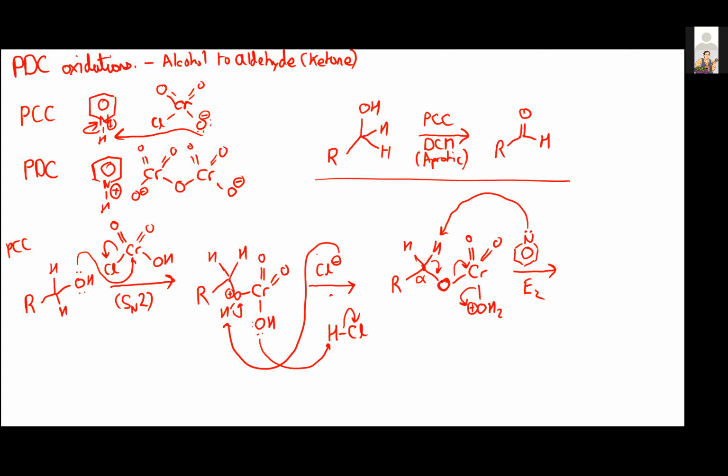This is the carbon with the leaving group attached. And the leaving group in this case is this whole chromium thing. And it's dealing with it by losing water. But it could be either one. Both those H's are the same.